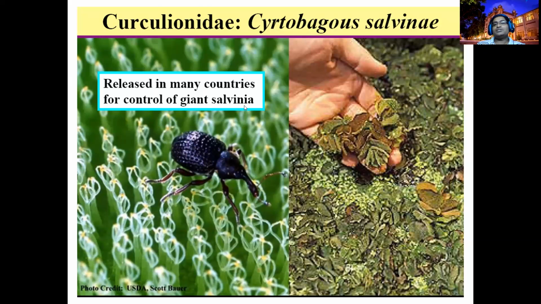Another one is Salvinia weed. In Second World War time, the US and the British people used Salvinia to cover the water bodies. At that time there was no proper development of zooming cameras.